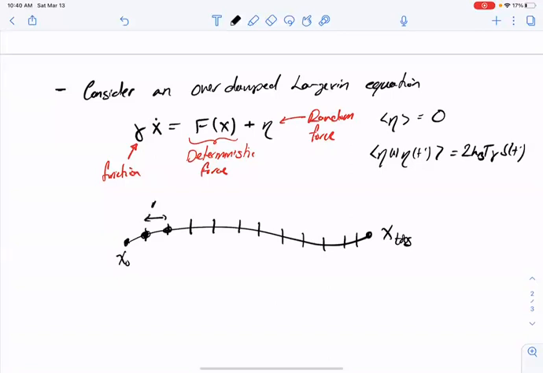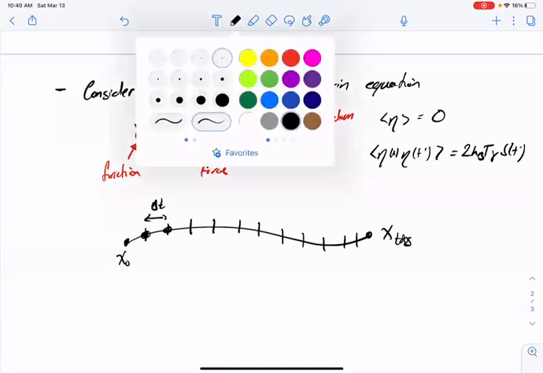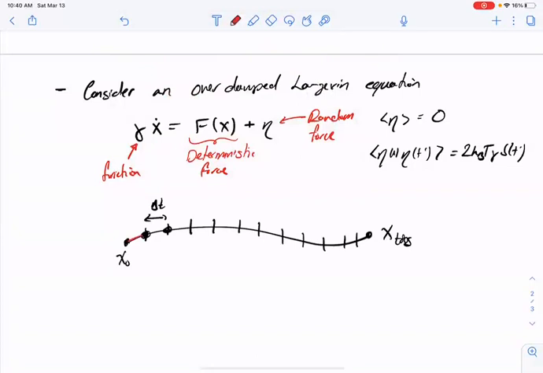So in time, let's introduce a time step, delta t, and try to work out from the Langevin equation what that update rule between positions a time step away are, these links.